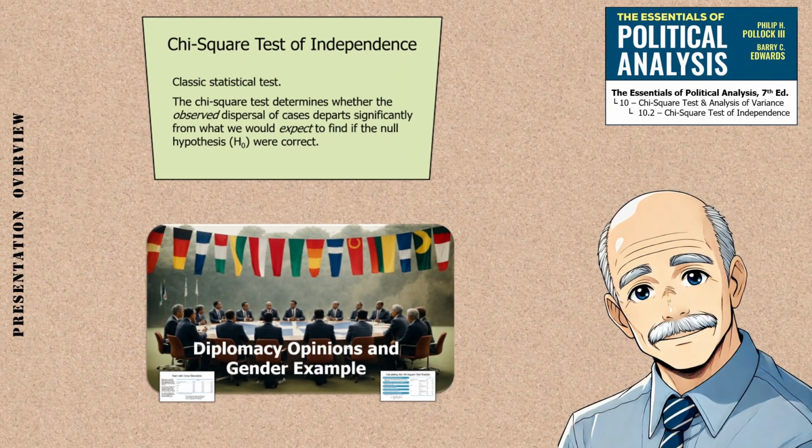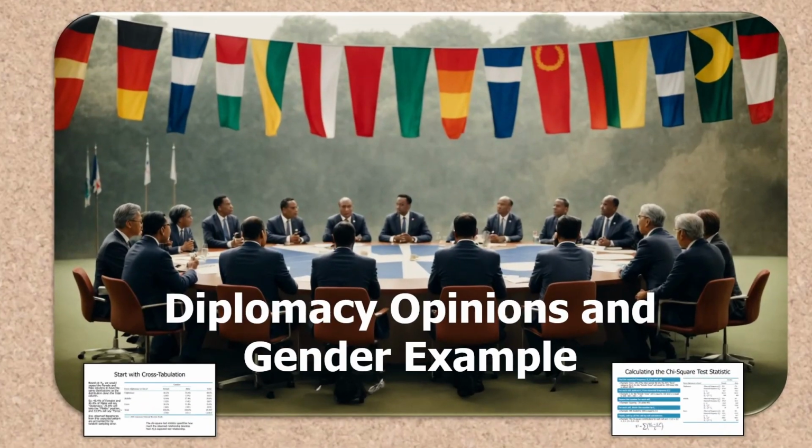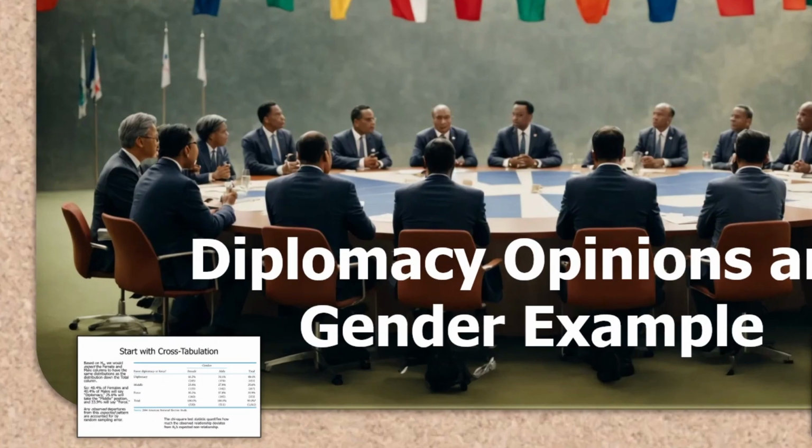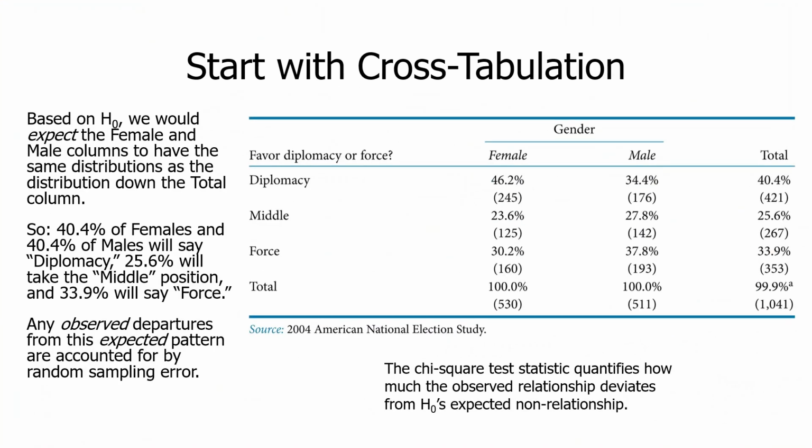Let's look at a crosstab here. This tests the hypothesis that men and women will have different views of diplomacy versus military force. We have 530 females here, 511 males, and without any knowledge of chi-square, looking at this table, you would say about 46.2% of females favor diplomacy versus force, compared with 34.4% of males.